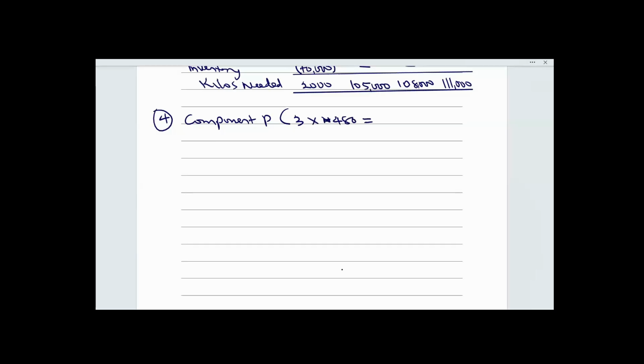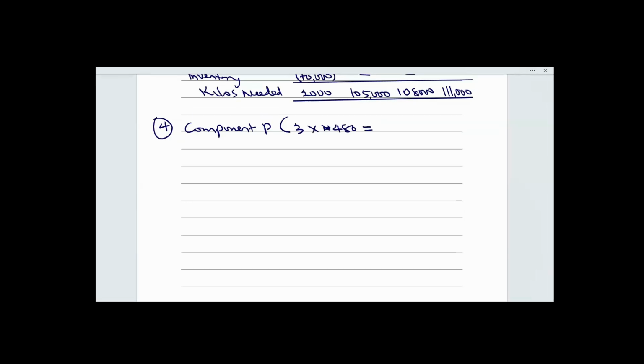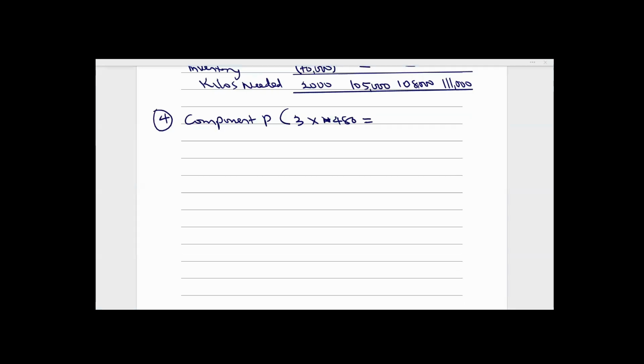So 3 multiplied by 480 is 1,440. So the first year price of component P is 1,440. So you then calculate for year 1, year 2, 3, and then year 4.